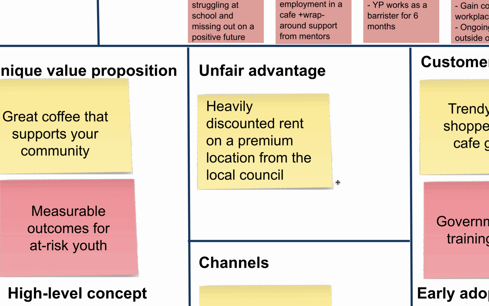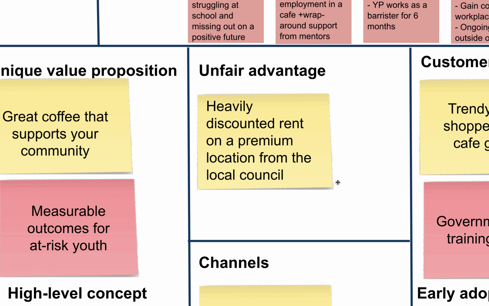So for example, if the council gave us rent at a third of the normal cost for a premium location, that might be good enough to help us get a leg up and succeed ahead of other cafes, because even though we're a social enterprise and competition might feel a bit yucky, we are in competition with the other cafes. We need to be clear about that, and we need to figure out what our advantage is.